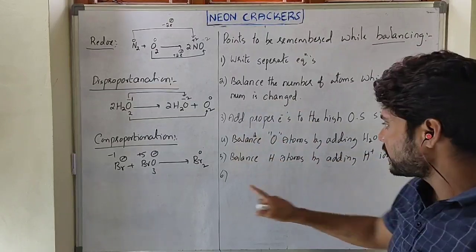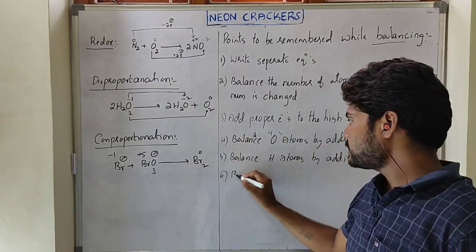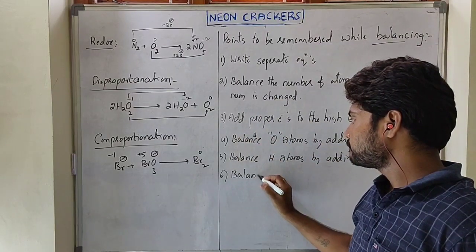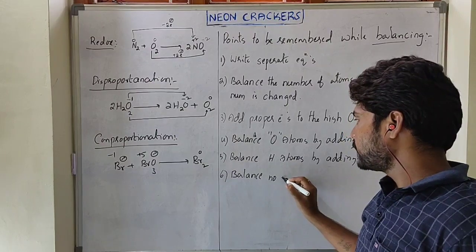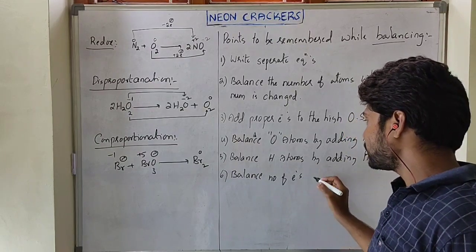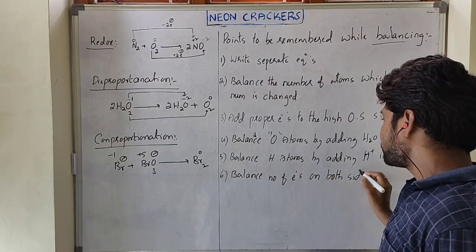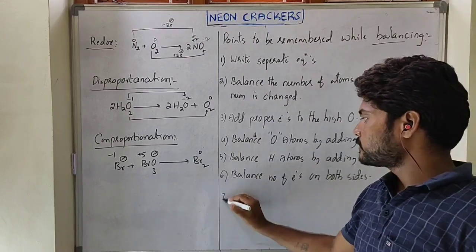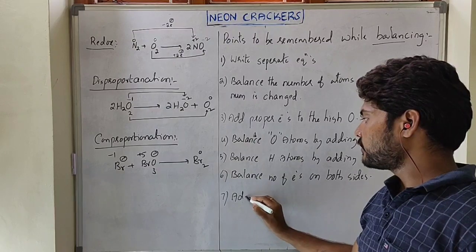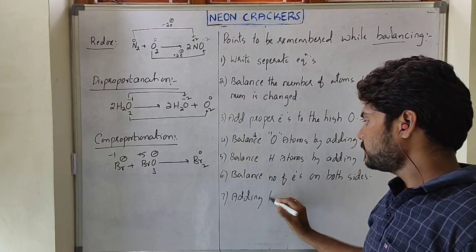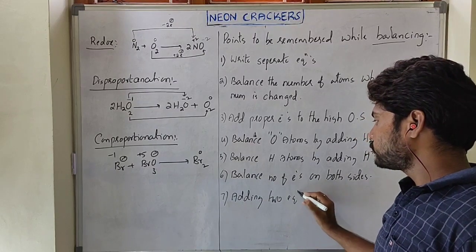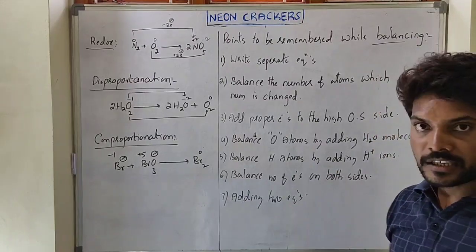After doing like this, the last condition, balance the number of electrons on both sides. Now 7, adding two equations.